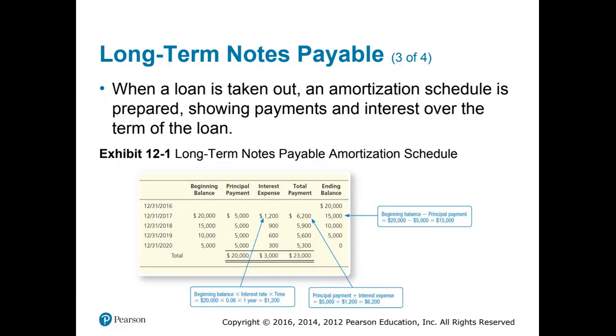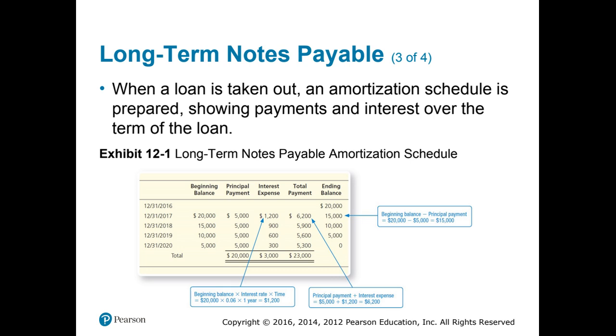So when a loan is taken out, an amortization schedule is created. If you have a car loan or a house loan, more than likely there's an amortization schedule with the creditor or whoever is providing the funds to make this purchase. This amortization schedule shows payments and interest over the term of the loan.